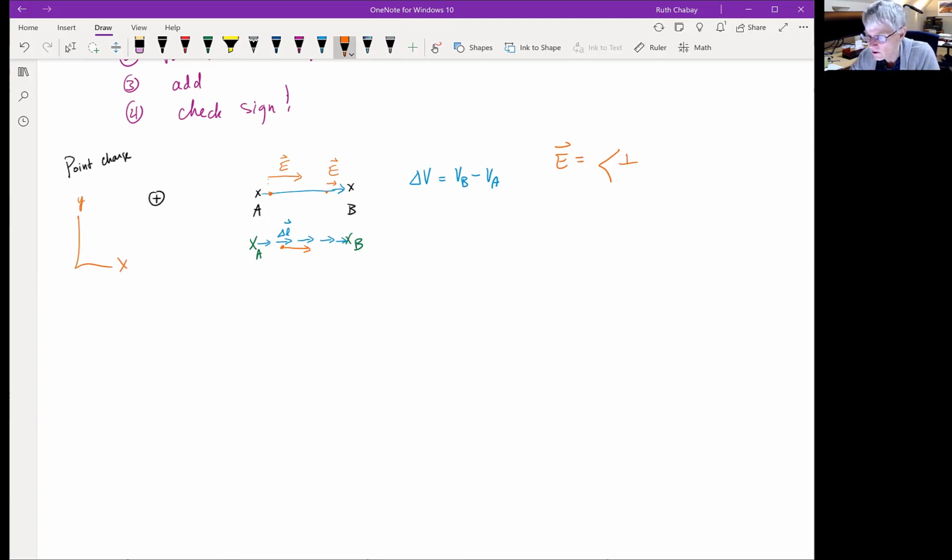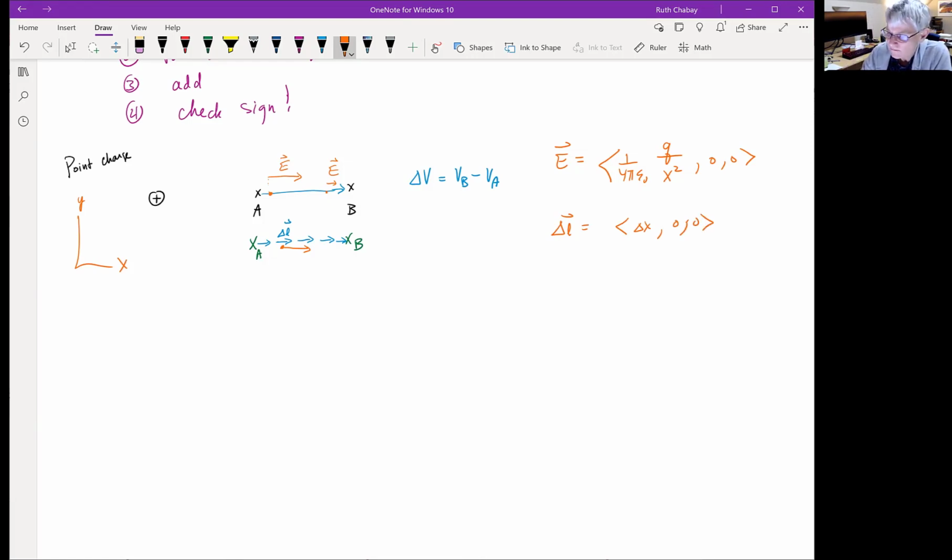So it's going to be 1 over 4 pi epsilon 0, whatever the Q of the charge is, over X squared here, given our current coordinate system, 0, 0. And one of our little delta L's, we're going to make them all the same size, so our delta L's are also just going to be a delta X, 0, 0.